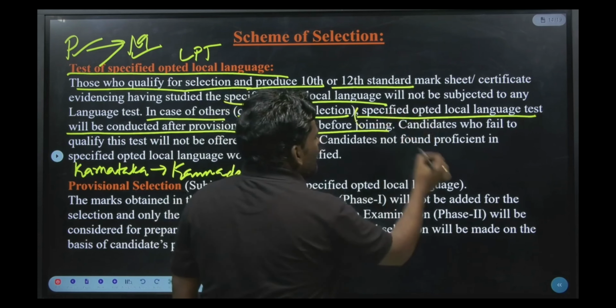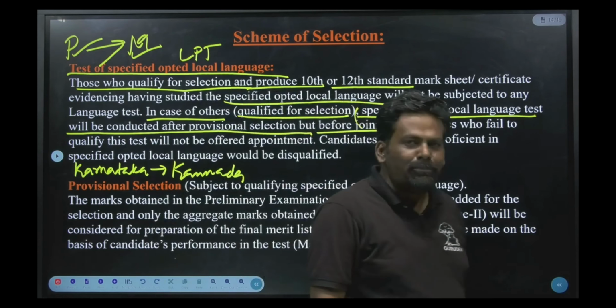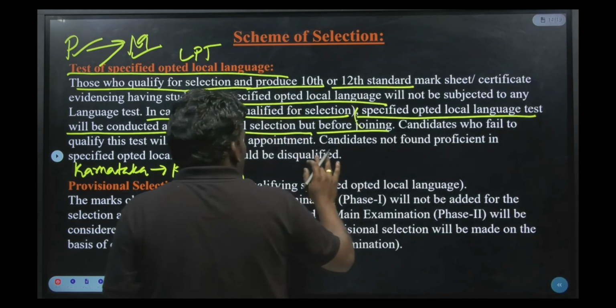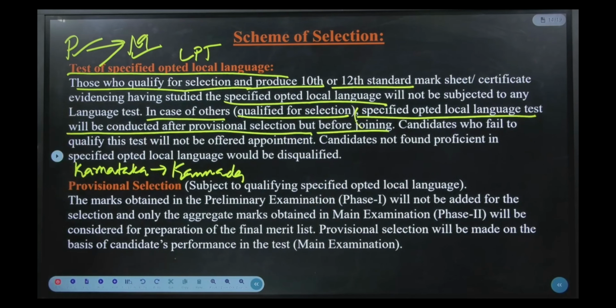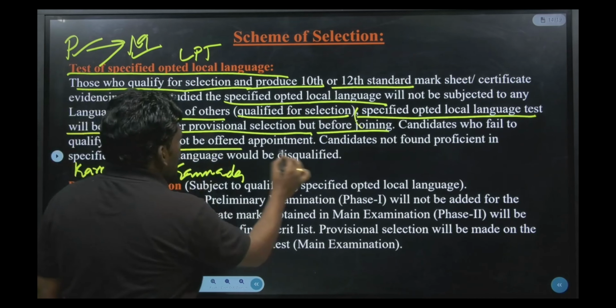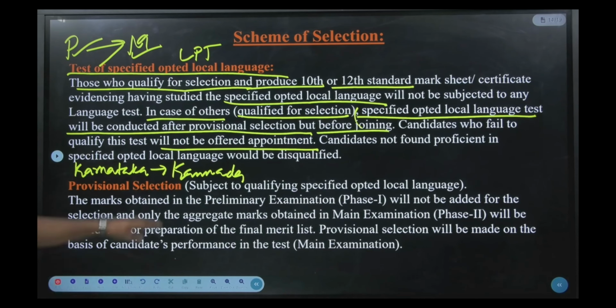So a test will be conducted by the bank, that is LPT, before joining the bank. If the candidate fails or doesn't perform well, then his candidature will be cancelled and he will not be given appointment. So this is very important.